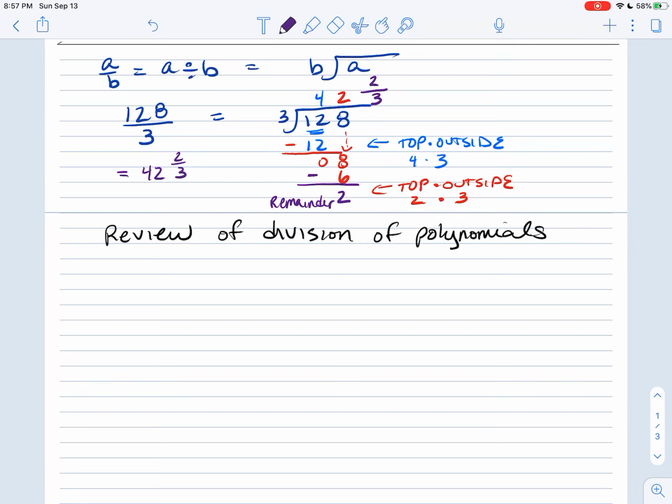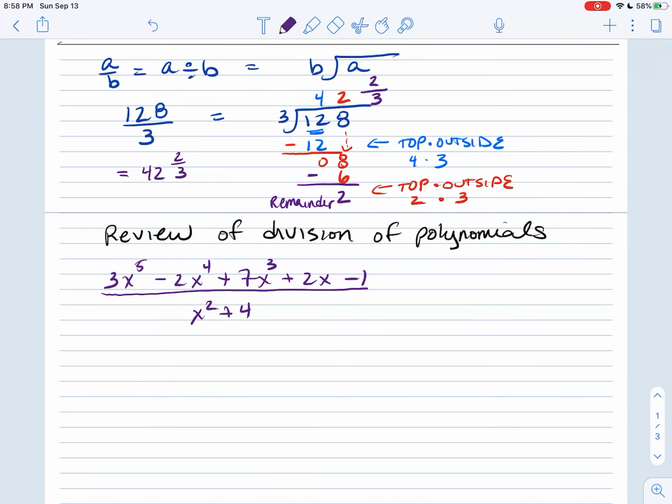So just as an example where we have all of our terms in descending order, let's say we have 3x to the 5th minus 2x to the 4th plus 7x cubed plus 2x. I'll just skip the 1 there, and then minus 1 divided by, let's say, x squared plus 4.